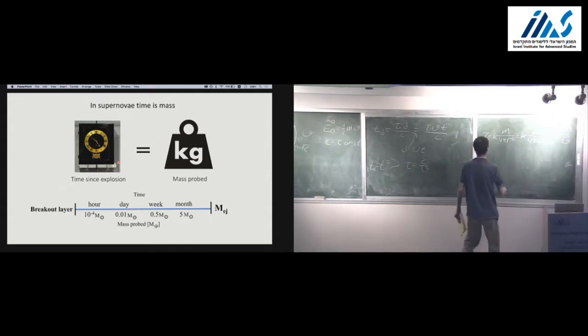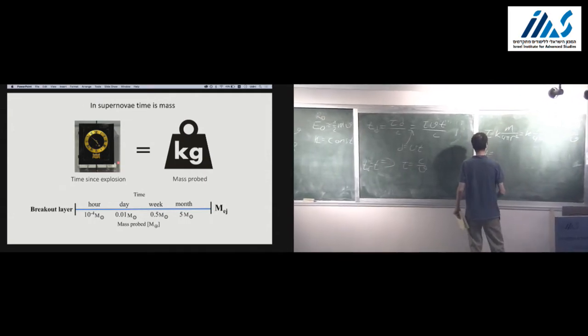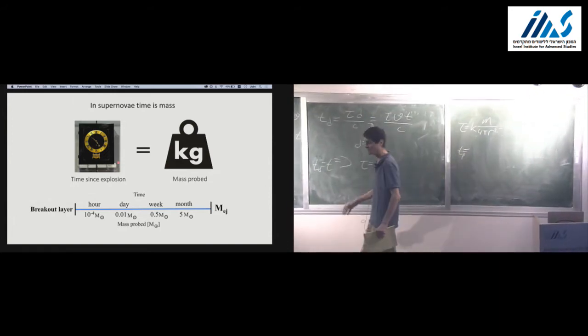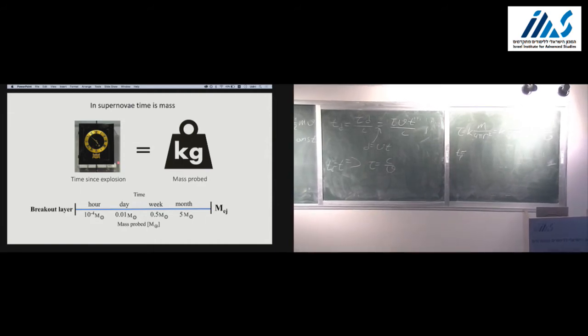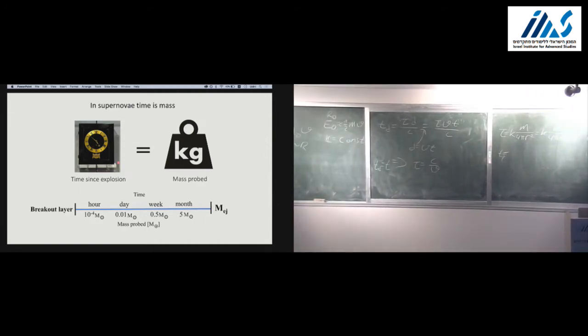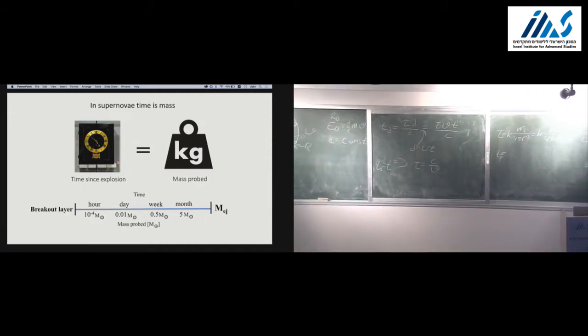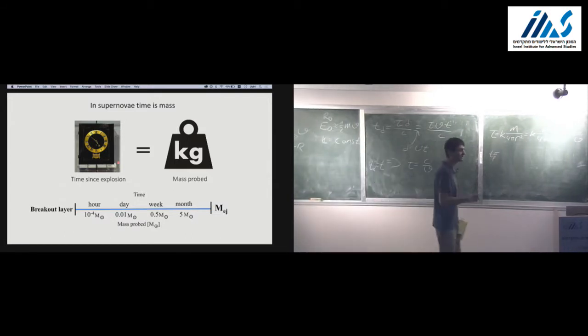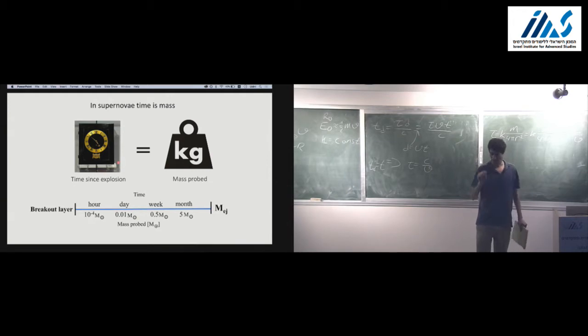So we isolate t, and we get that the time for the peak, this is the time we will see the peak of the emission. We'll verify it later, okay? So later we'll ask what happens before this time, what happens after this time, and this will not be the peak of the luminosity. It will be the peak where most of the energy is released.